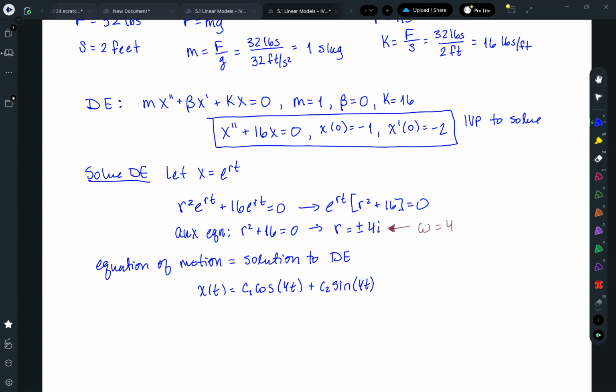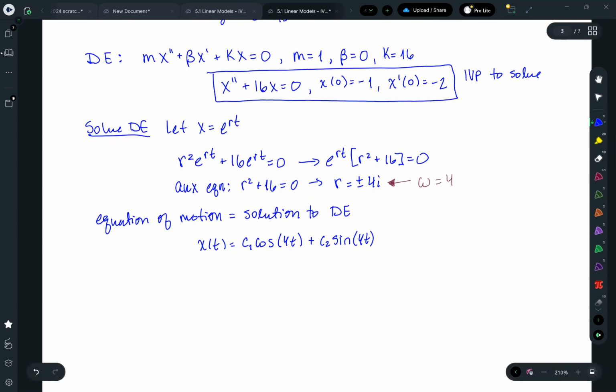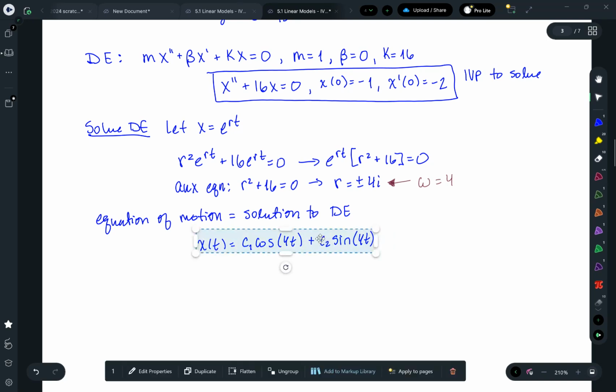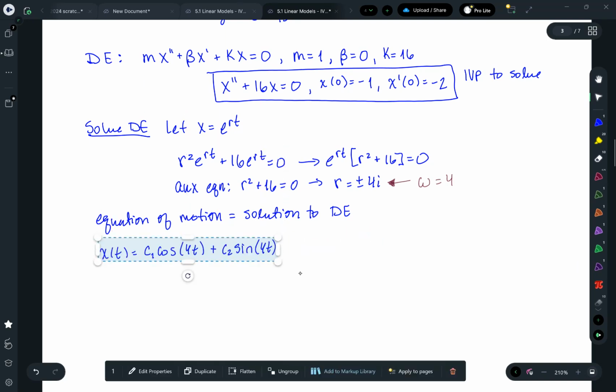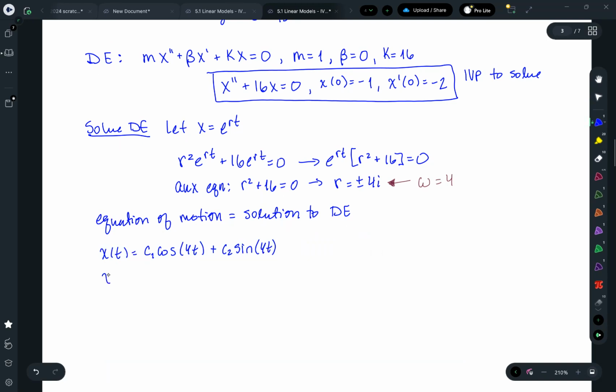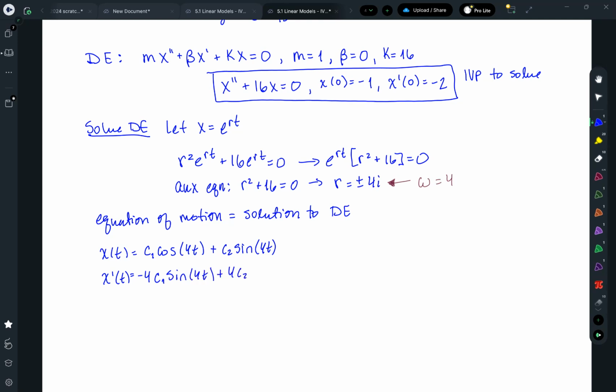Okay, now I have to apply the initial conditions, but I need the derivative of my equation of motion. And so I take that. x prime of t will be -4 c1 sine of 4t plus 4 c2 cosine of 4t.